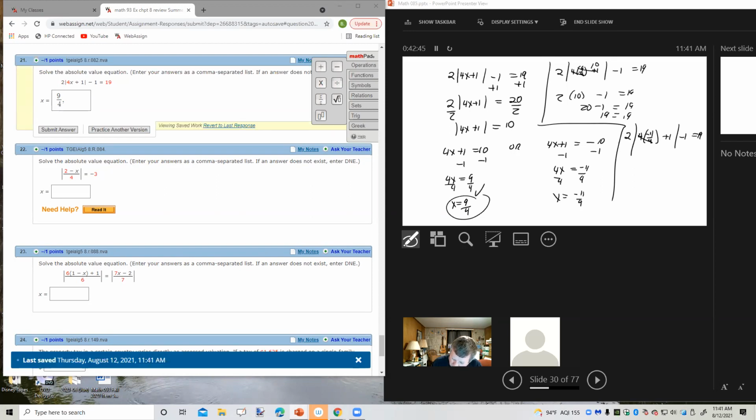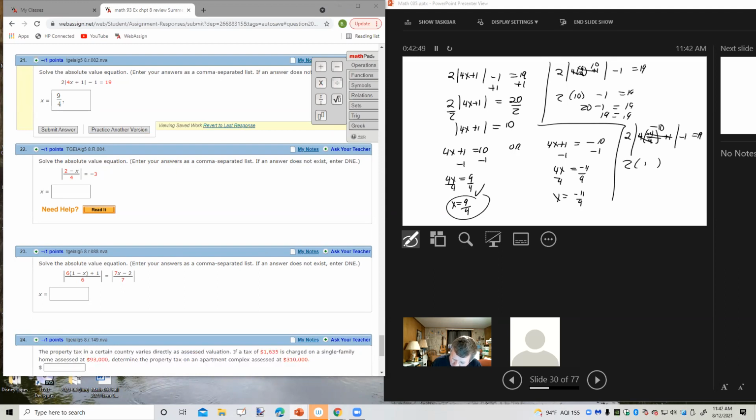The 4's reduce. Negative 11 plus 1 is negative 10. The absolute value of negative 10 is 10. 20 minus 1, 19 equals 19. So that one checks as well. Okay. So I've got negative 11 fourths.